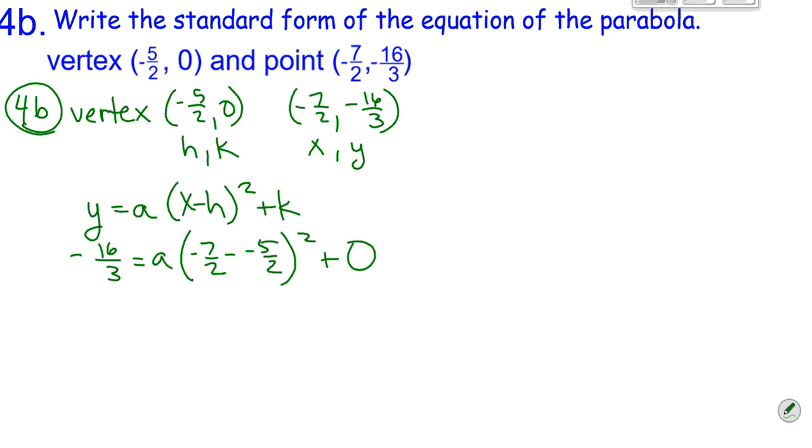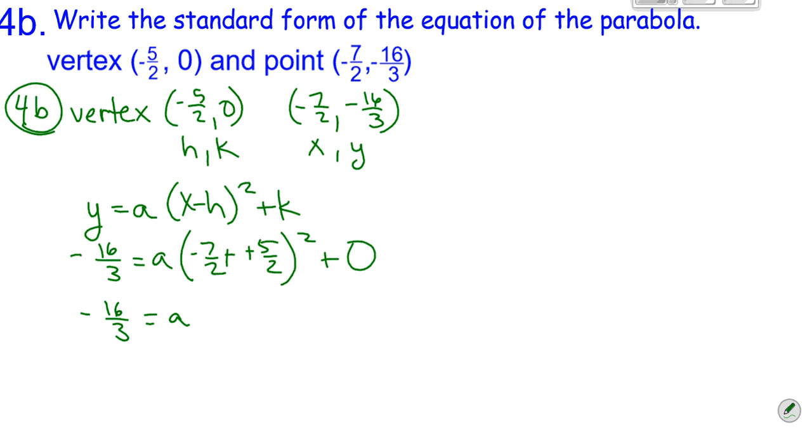This is plus a positive. So we get -16/3. When I figure that out, that'll be -2/2, which is -1 squared, which will be 1. So this is just 1a, or a, plus 0. So there's what a is.